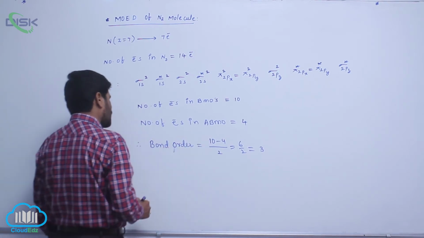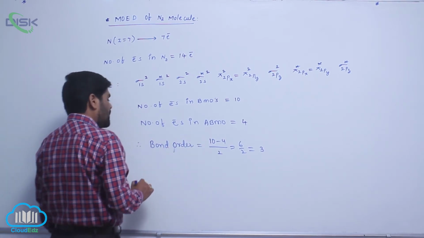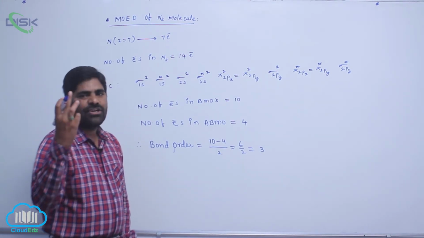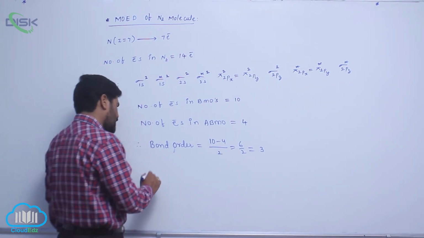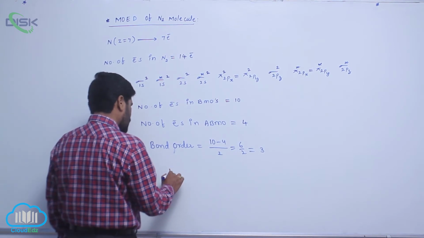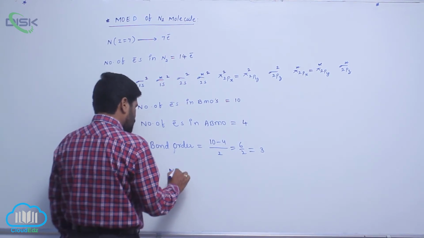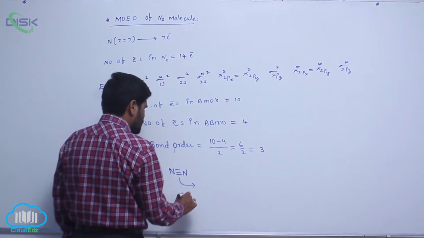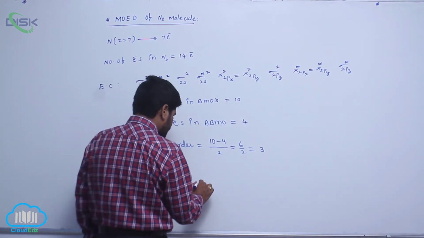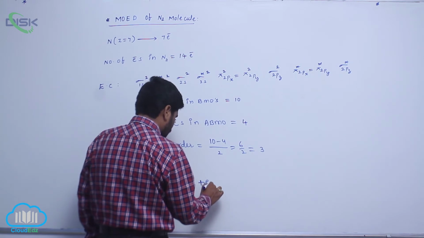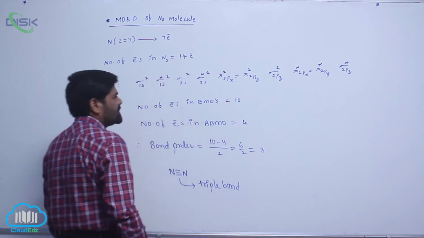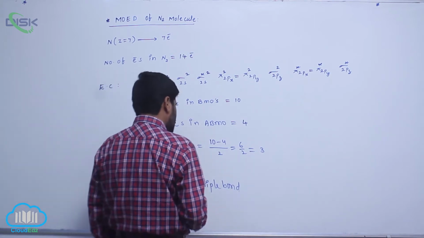Between the 2 nitrogen atoms there are 3 bonds, so a triple bond is present.